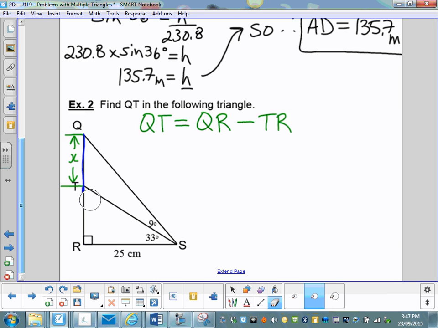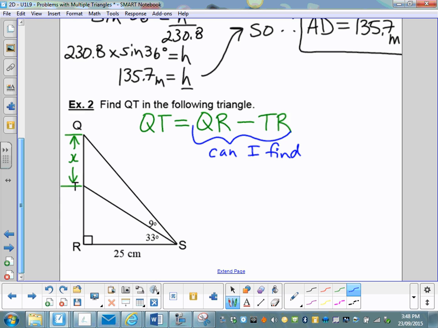So there are overlapping triangles as well as triangles that are beside each other here. Now, when we work with right angle triangles, things are going to be a lot easier. So the big question is, can I find these? Because if I can find the length of QR and the length of TR, then I can find the length of QT. So let's see if we can do that.